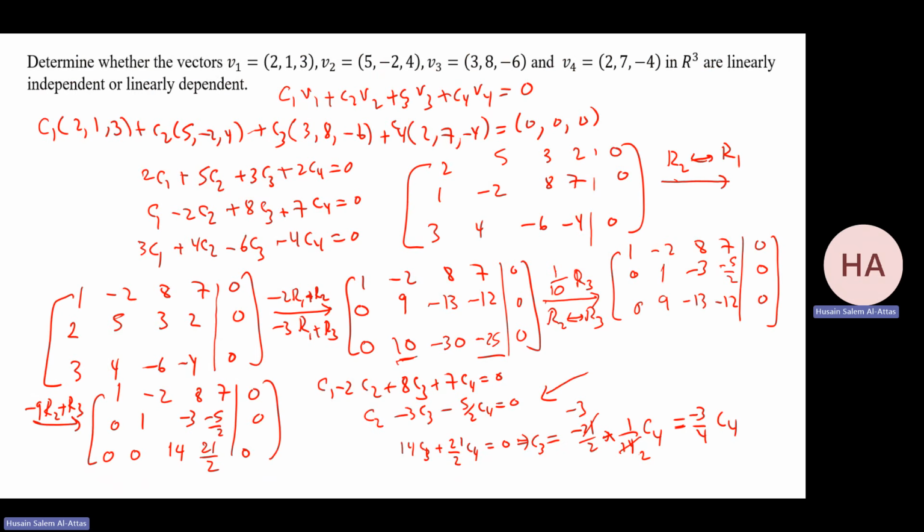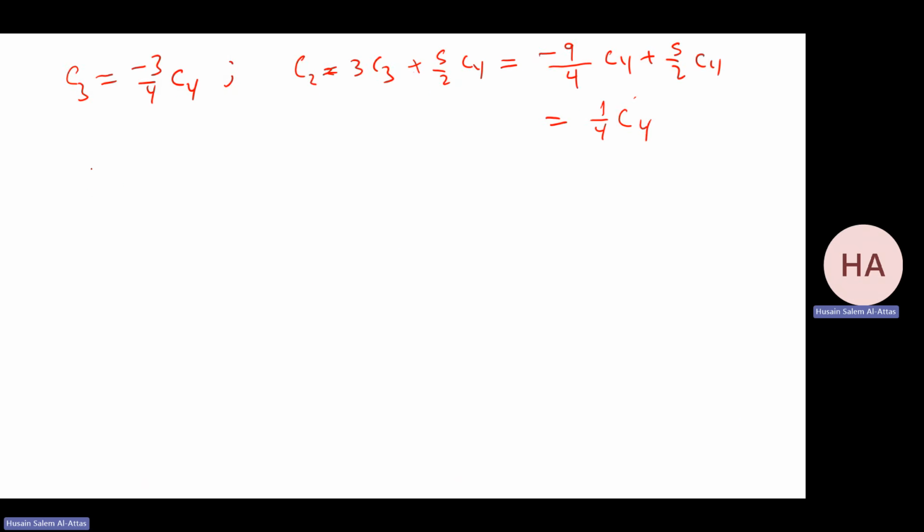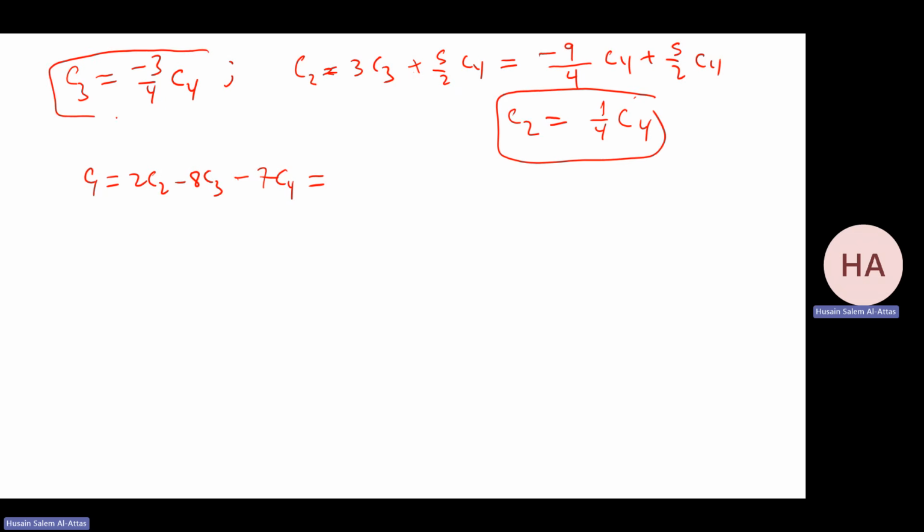Now, what else? We have the first equation, C1 equals C2 minus 8C3 minus 7C4, which is what? I have C2 is this, and C3 is this. Plug it there to find C1.